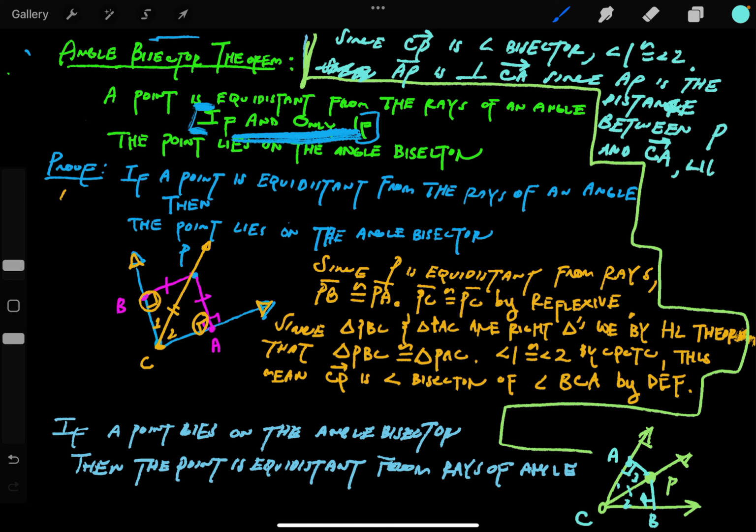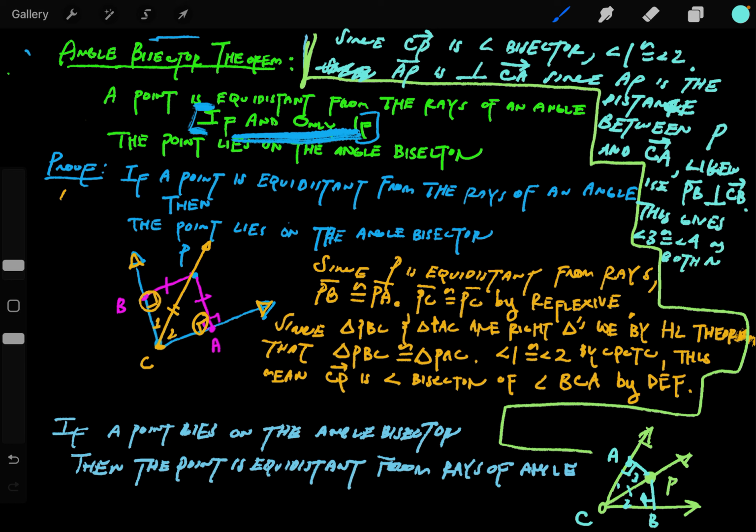Likewise, we have that PB is perpendicular to CB for the same reason, right? And that's nice because then that guarantees that angle 3 is the same thing as angle 4 as both right angles.